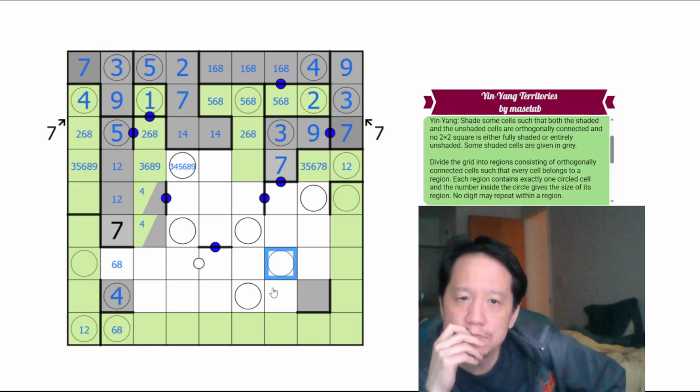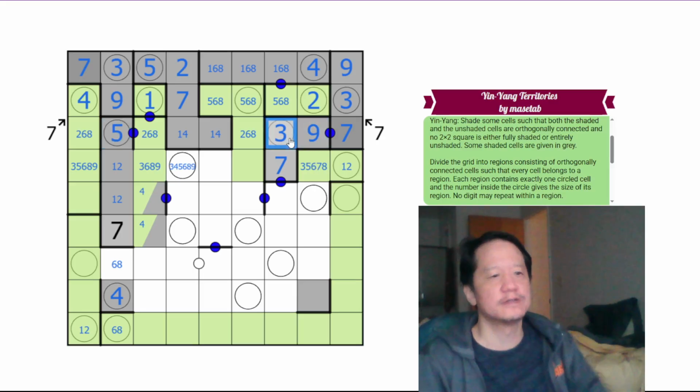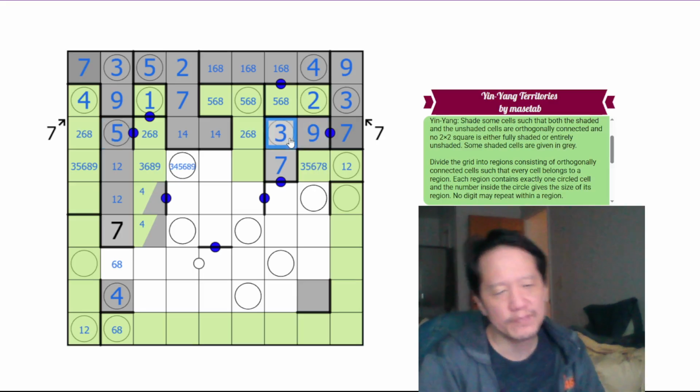What do we have so far? 4, 3, 5. I don't think we're going to be restricted by the sum of the digits.